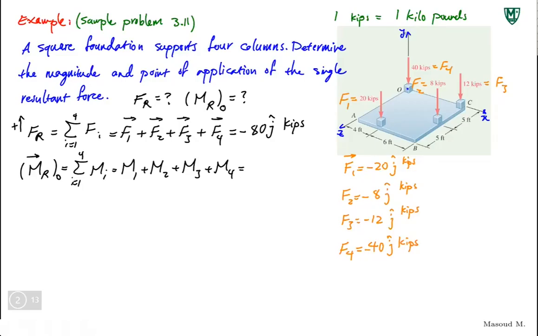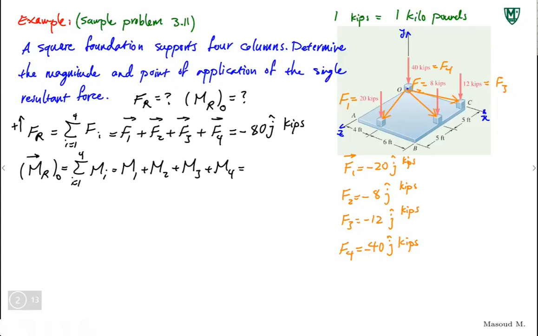To do that, I have to find the vector, the distance between the point I'm moving the force to and the point where the force is already applied to the plate. If you want to think about it, this would be the distances.